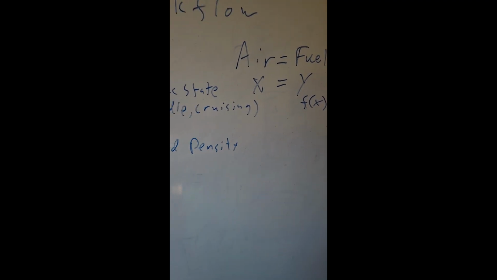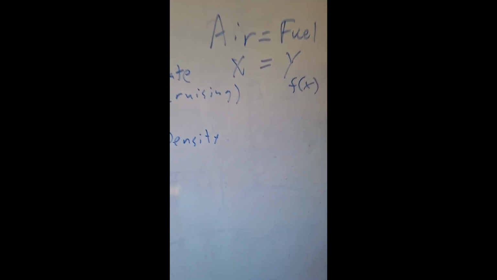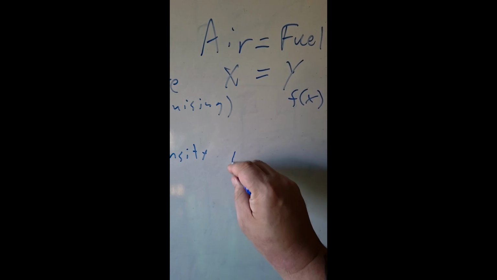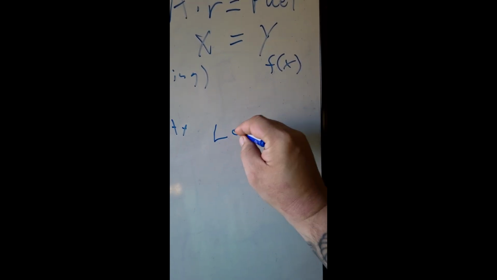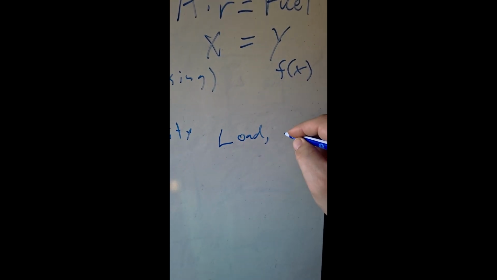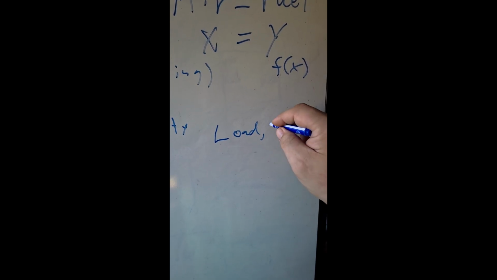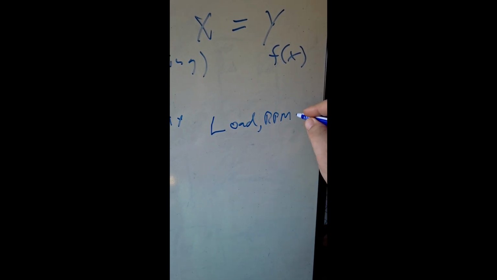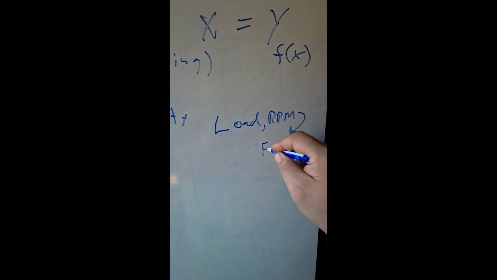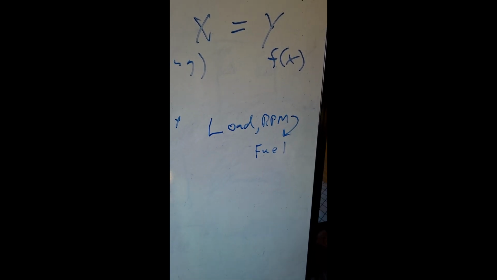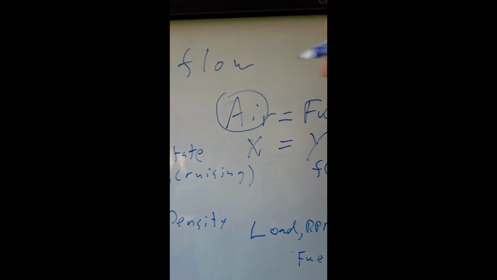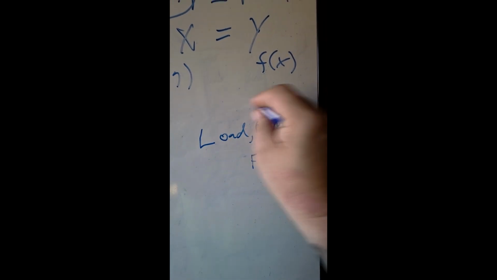And speed density, like this relationship, for speed density, if I know load, and if I know RPM, then I know fuel. Same relationship, but instead of just one variable, now I'm going to worry about two variables.